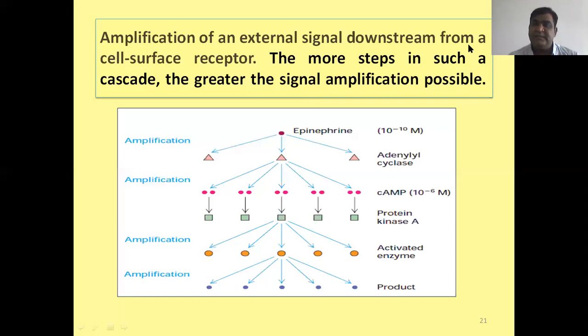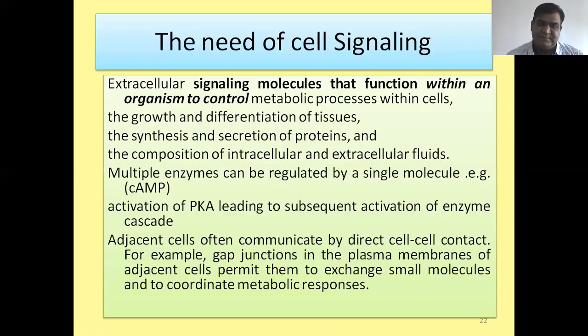Another aspect of cell signaling is amplification. As you can see in this slide, one molecule of epinephrine results in a huge amount of product. This amplification is one of the important features of cell signaling pathways. Now, why is cell signaling needed?